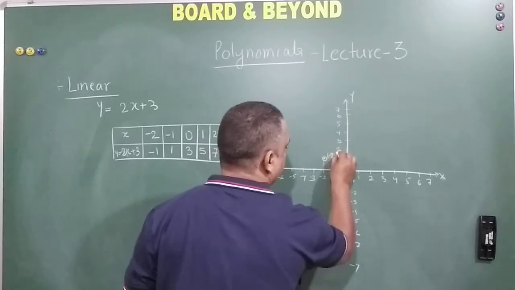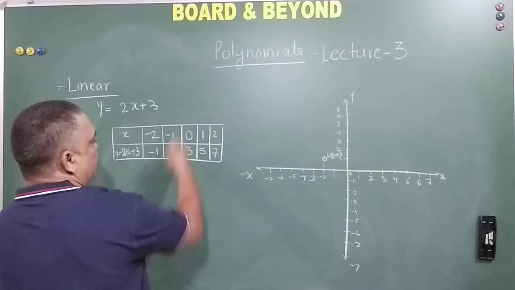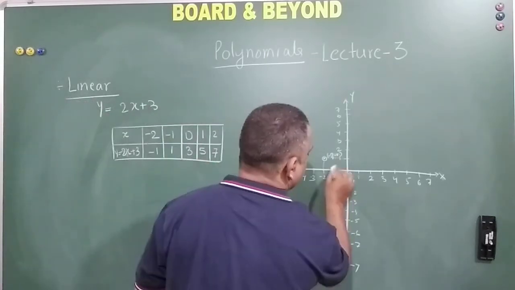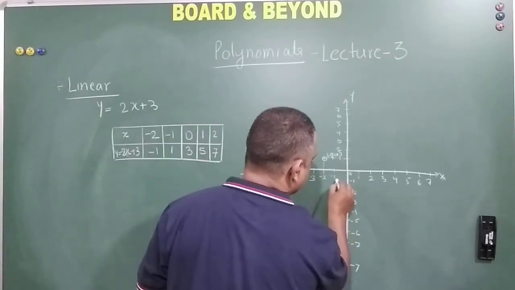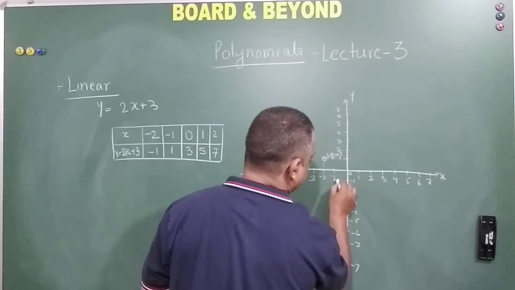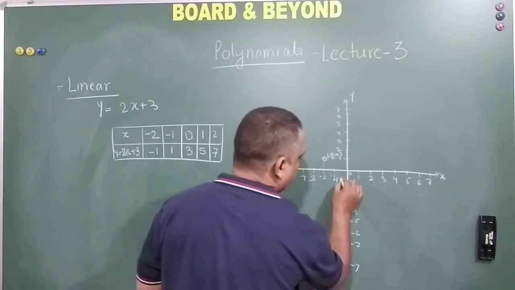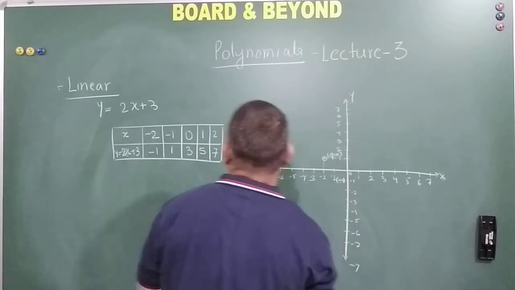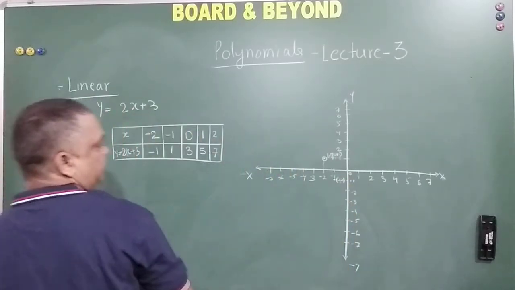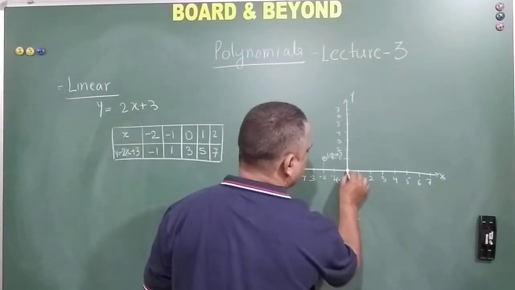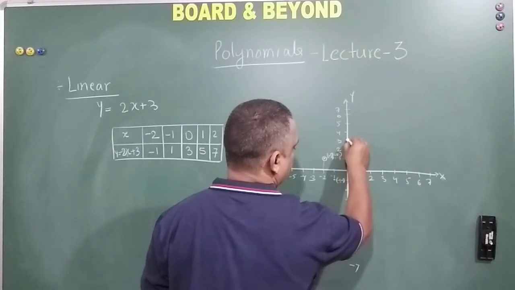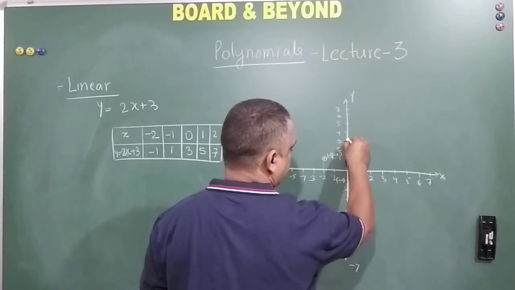Now minus 1, minus 1 is this point. Now 0 and 3. x is equal to 0, y is equal to 3.